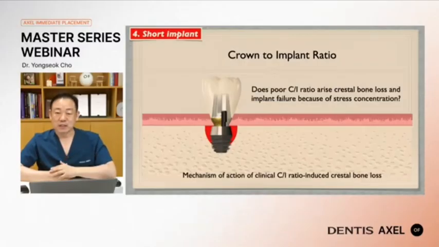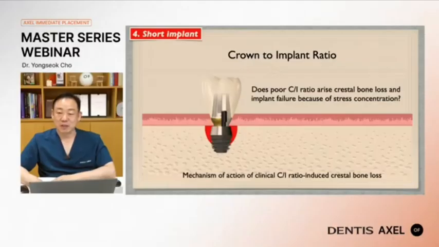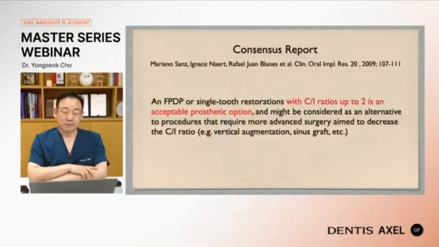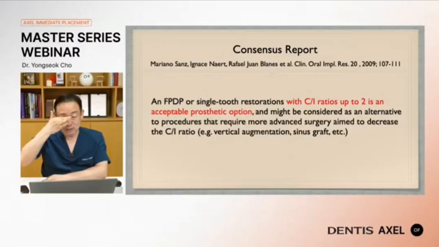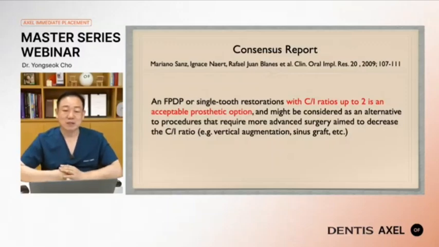Thus, poor crown implant ratio causes crestal bone loss and implant failure because of stress concentration. We worried about this in the past. However, when we look at the reviewed articles about crown implant ratio and implant survival rate, when crown is two times longer than implant, it is acceptable for prosthetic options.